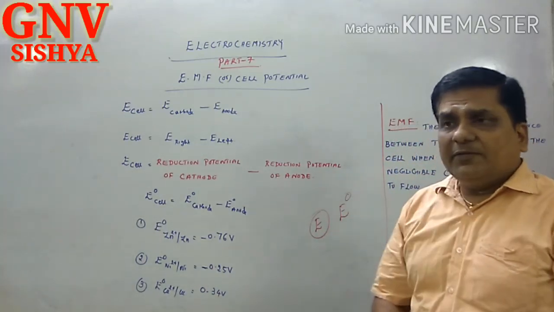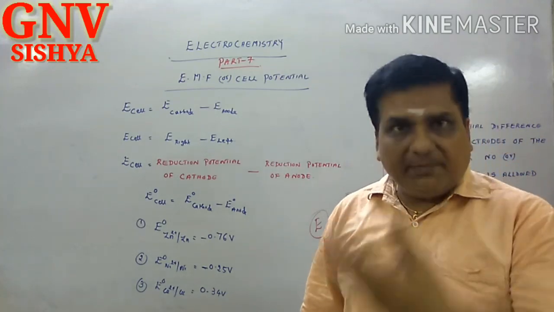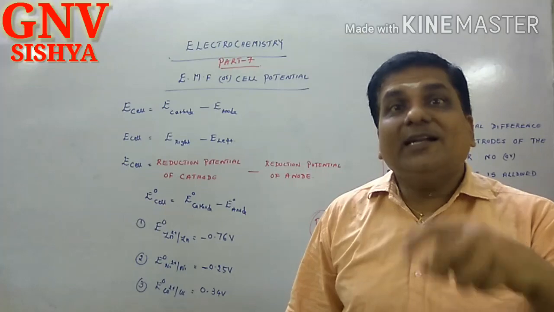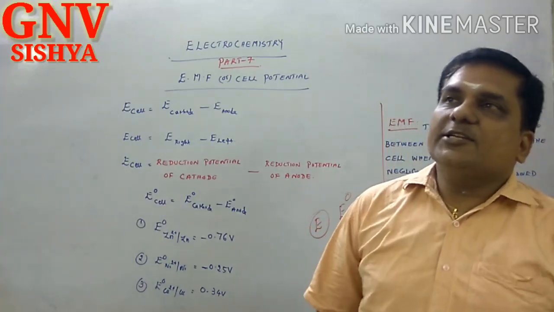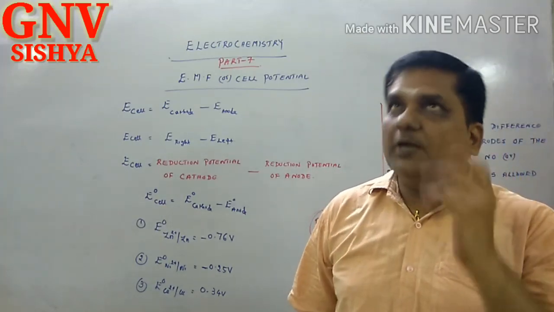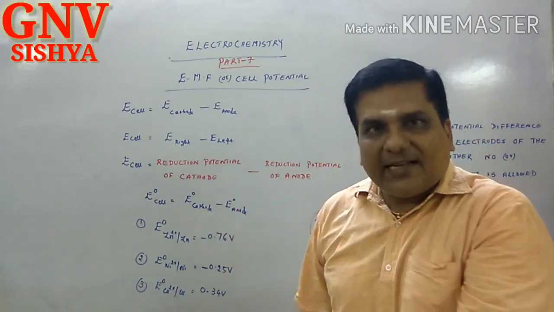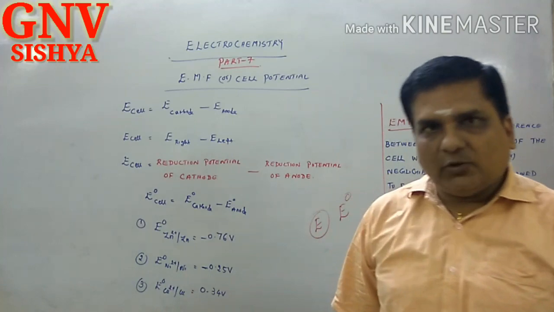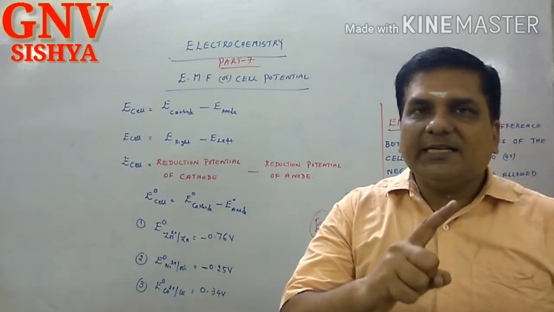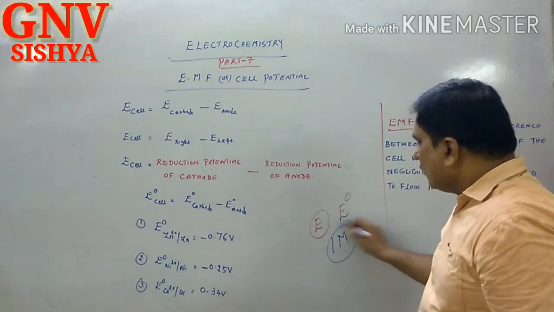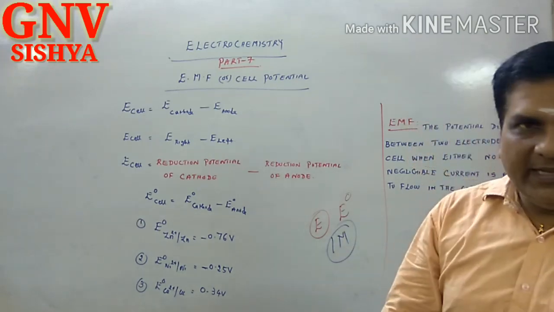What is standard EMF? If the electrochemical cell is constituted and carried out under standard conditions. What are standard conditions? Pressure is 1 atmosphere. And the solutions placed inside the container, both in the anode compartment and cathode compartment, the concentration must be 1 molar. Temperature 25 degrees Celsius.